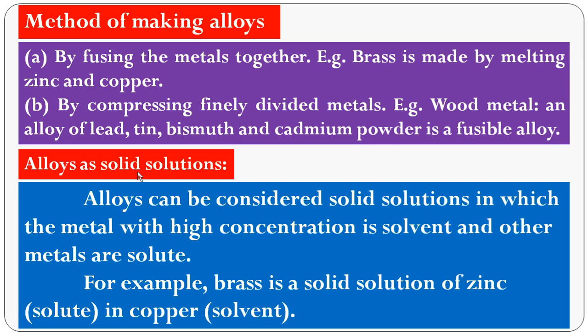So alloys can be called a solid solution in which the metal with the high concentration is called the solvent and the one with low concentration is called the solute. For example, brass is a solid solution of zinc in copper. Here zinc is the solute and copper is the solvent because it has the high concentration.